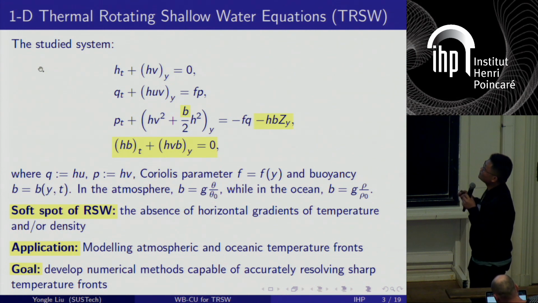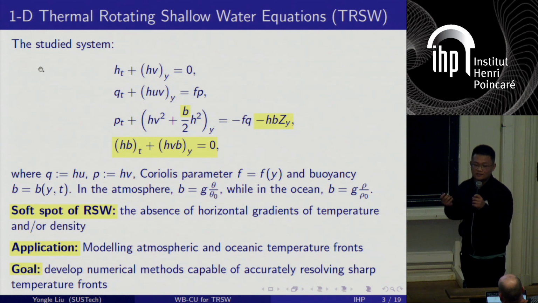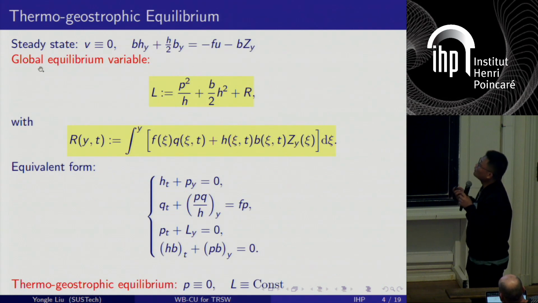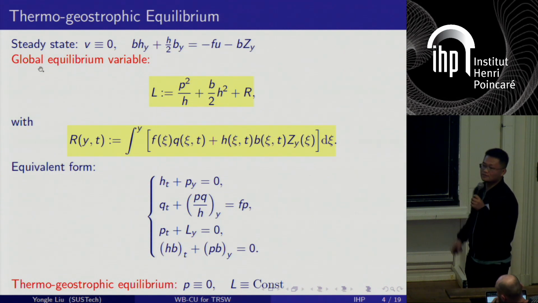Look at the second equation. If we set P equal to 0, meaning V is equal to 0, then in the third equation, the space derivative can balance the right-hand side. Then we have the steady-state solutions: V is 0, and the space derivative balances the right-hand side.